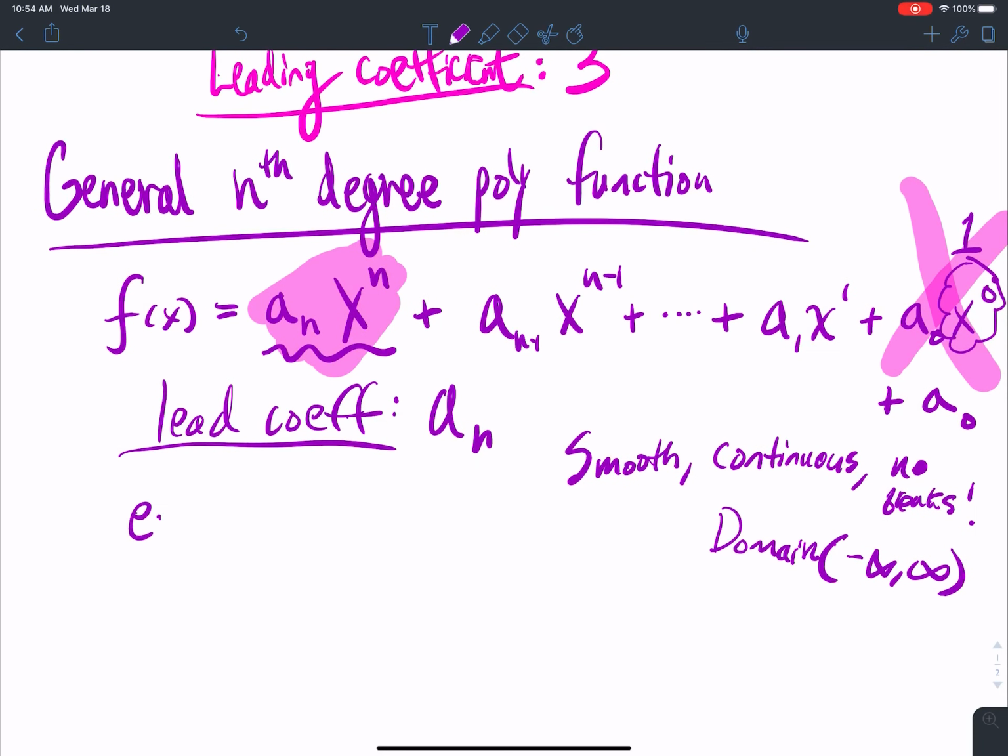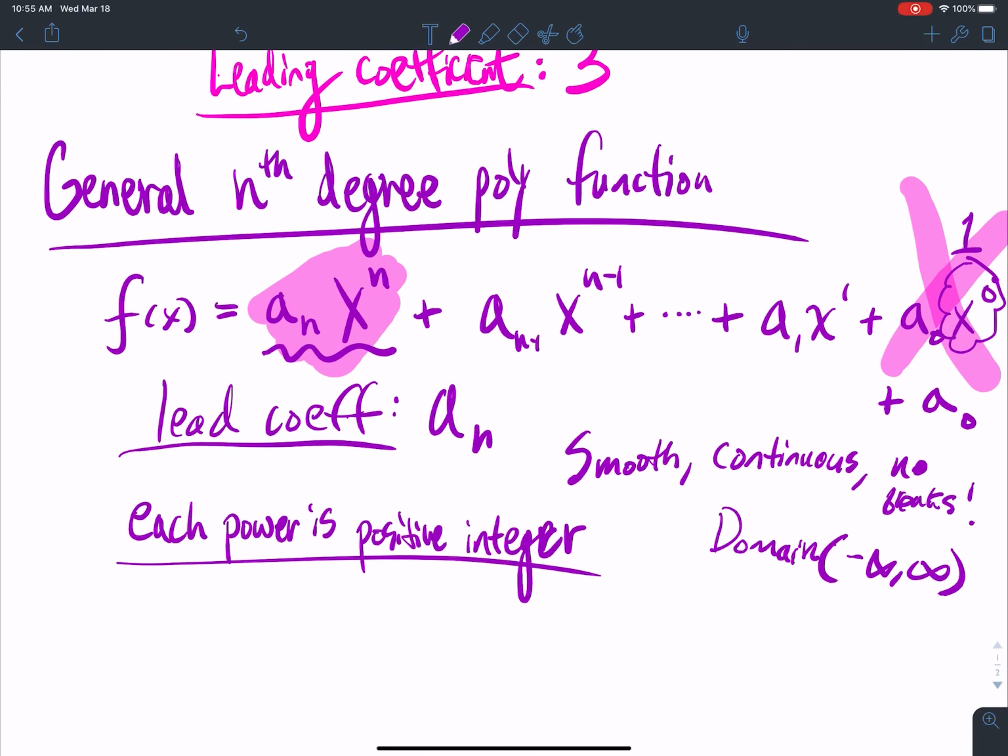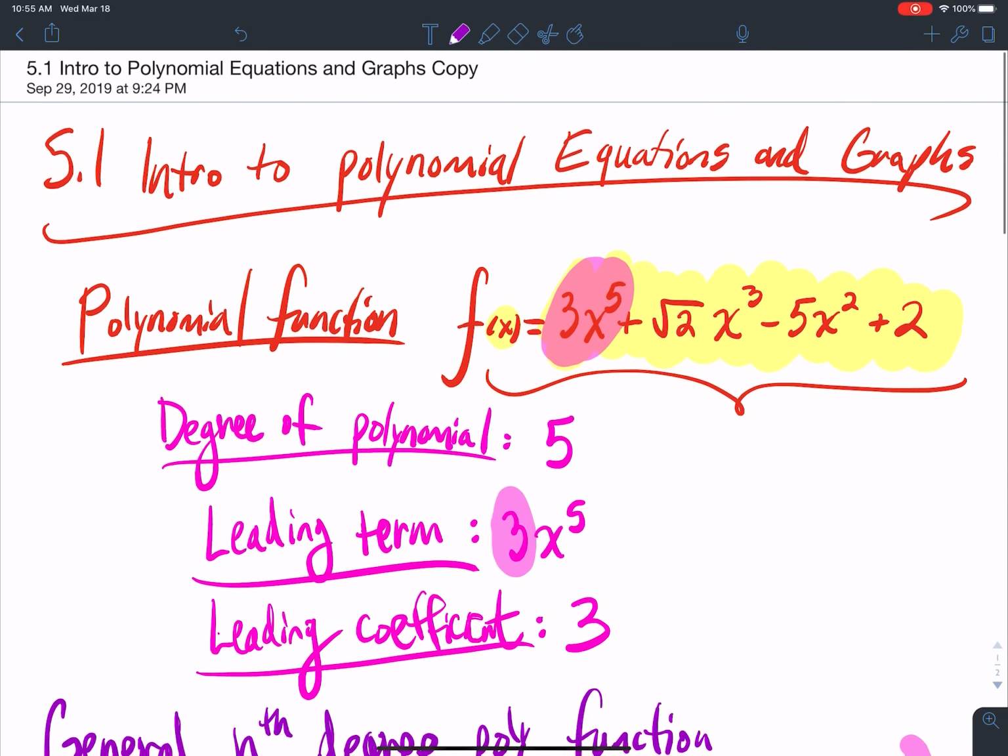Each power is a positive or non-negative integer. So when we look back at this example, x to the 5, 3, 2, those are all positive integers. Now, this square root of 2 right here, that's a coefficient. We're not talking about the coefficient, we're talking about the exponents here.